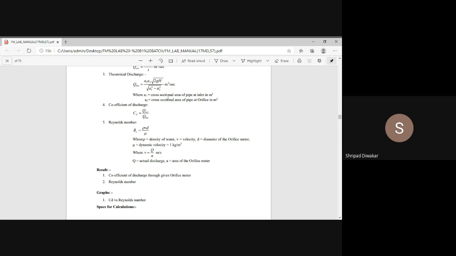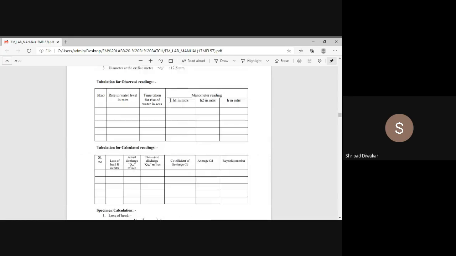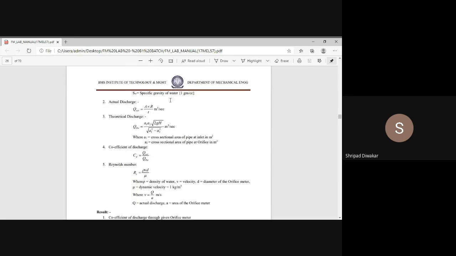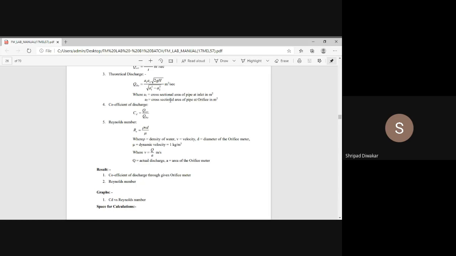The diameter of the orifice is 12.5 mm, so pi by 4 into 0.0125 square. That gives your a2, the cross-sectional area of the orifice. Remember, don't take the units in mm. You have to convert to meter because we are going to express discharge in meter cube per second.